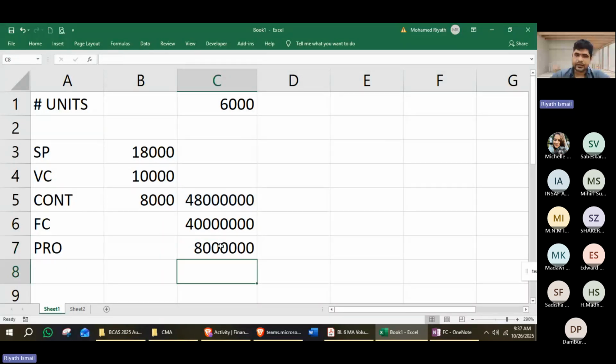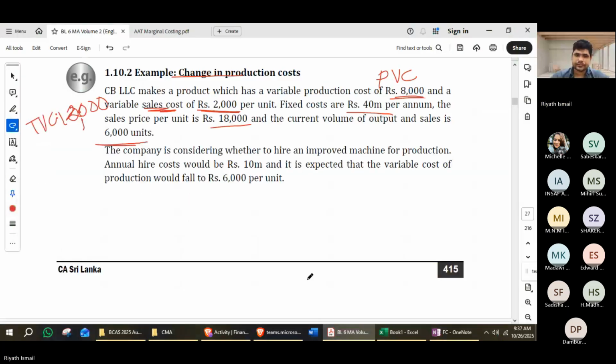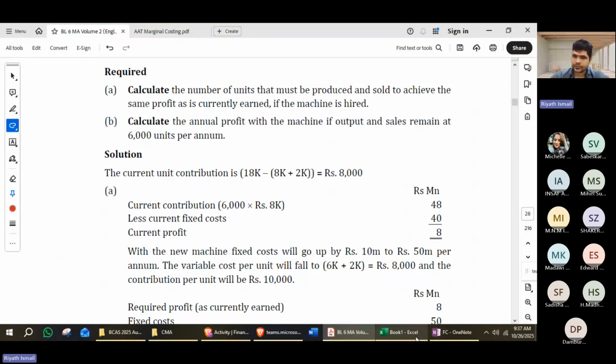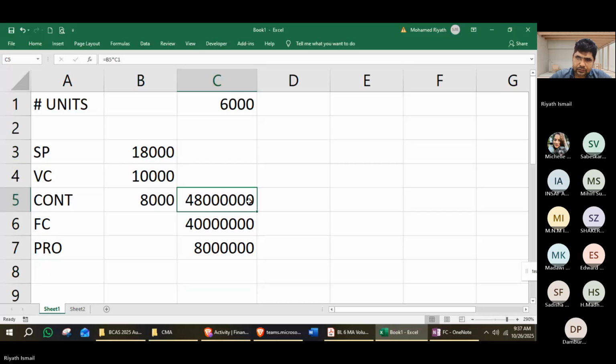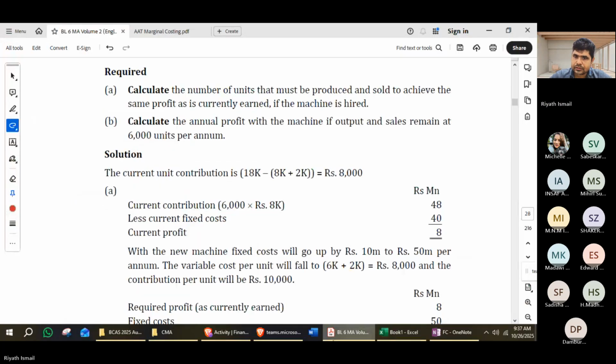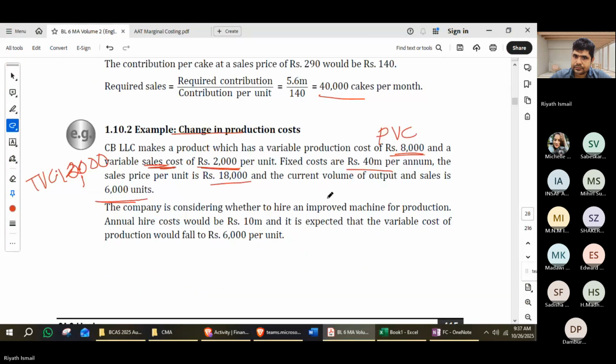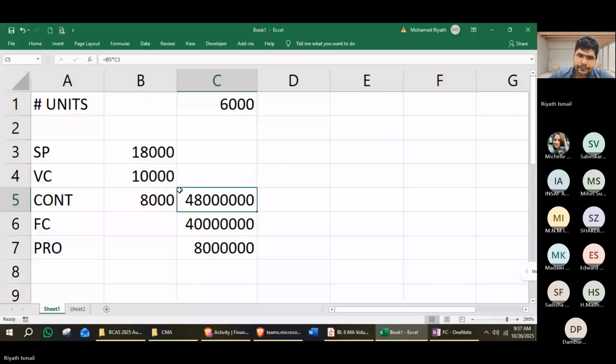They are making 8 million profit: 8,000 times 6,000 is 48 million, less the fixed cost of 40 million.